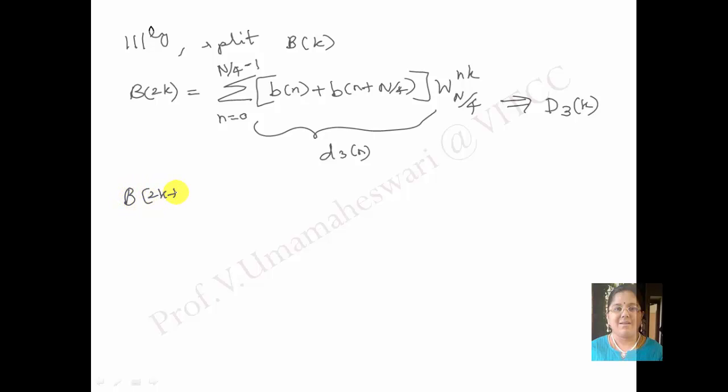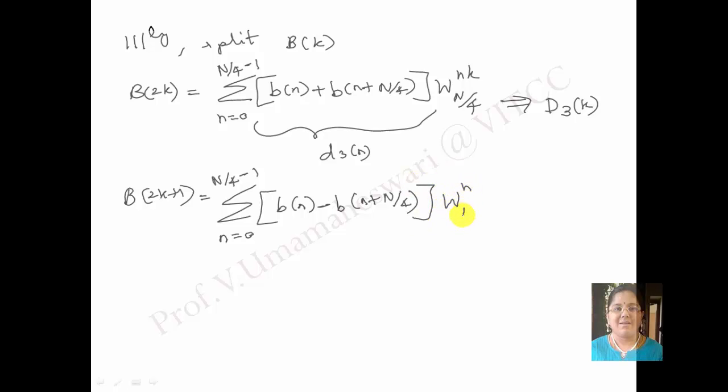What about B of 2k plus 1? I think you got the idea right now. Okay, so summation n equals 0 to N by 4 minus 1 of B of n minus B of n plus N by 4, into W_N^(n) by 2, into W_N^(nk) to the base N by 4.